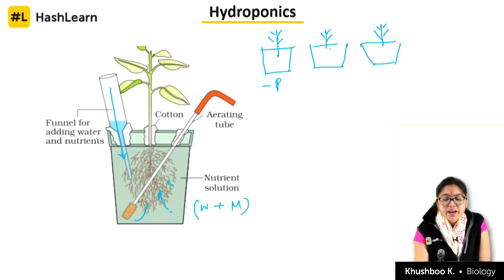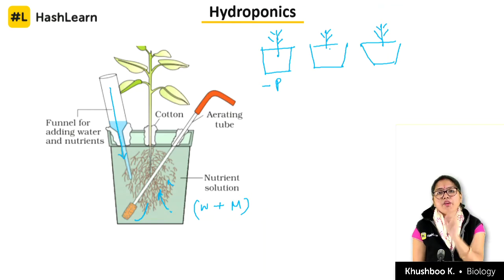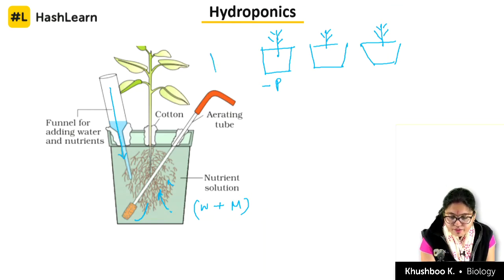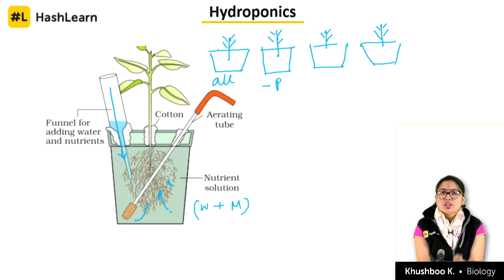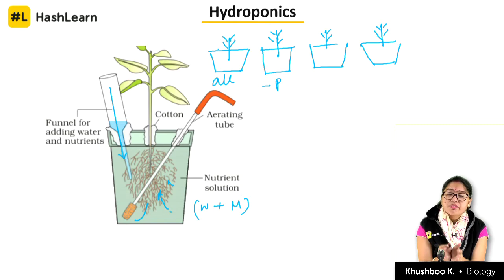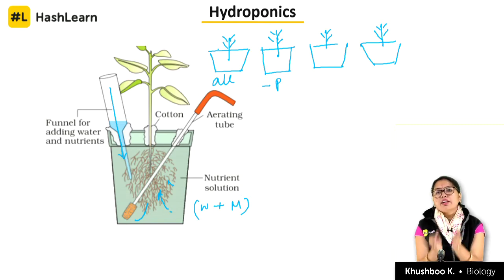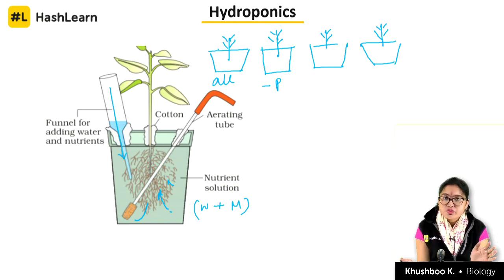So whatever impact this solution will have on the plant, okay, we will have one control will always be there, in which we will have all the nutrients. So in one pot we have all the nutrients, so we know how the plant will grow with all the nutrients.